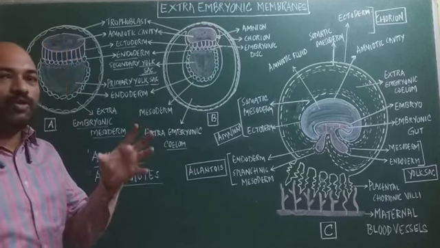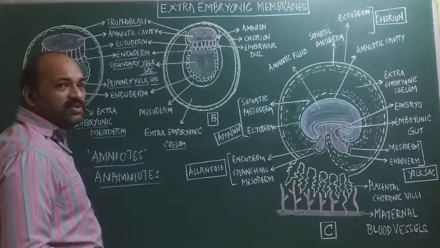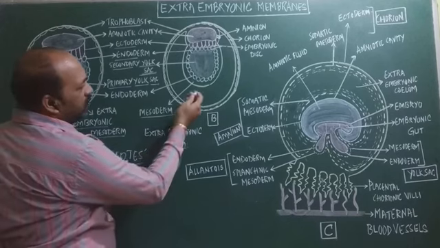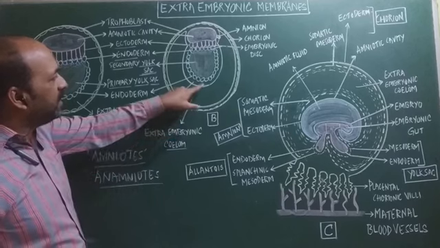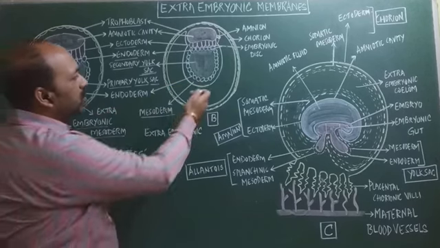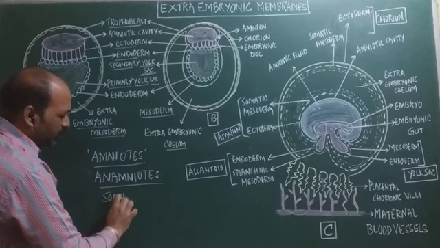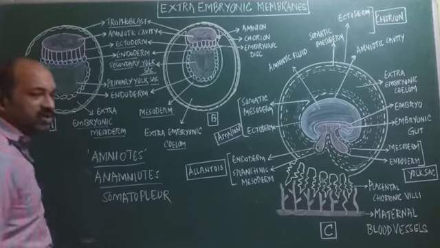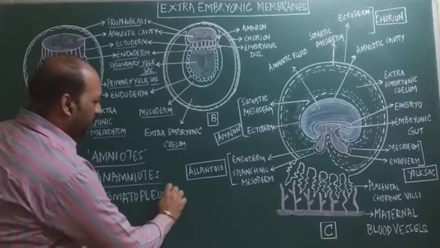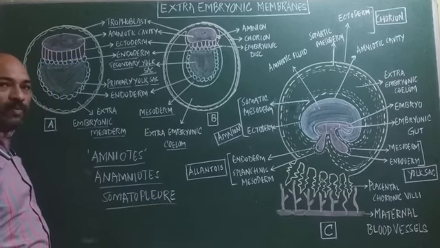The coelom is formed, and surrounding this coelom there is the mesoderm. The mesoderm which is connected with the ectoderm, the layer where the mesoderm is connected with the ectoderm, is called somatopleure.